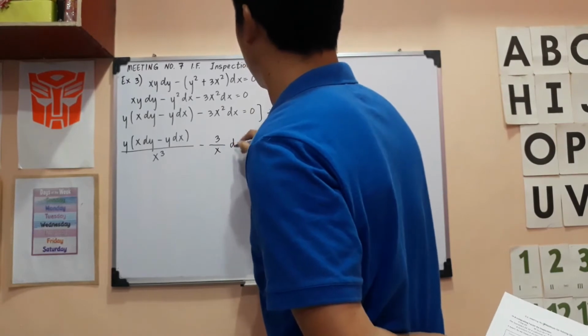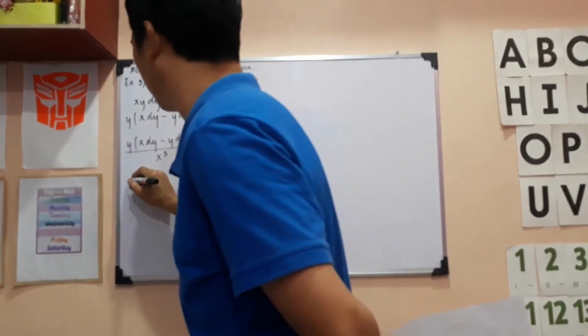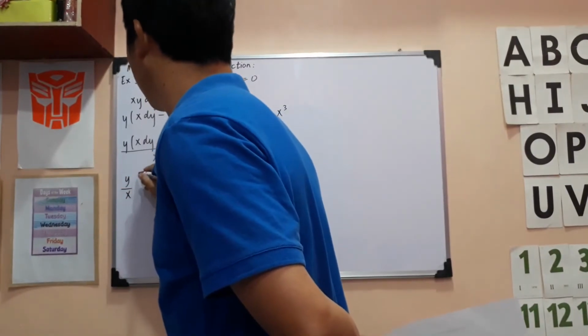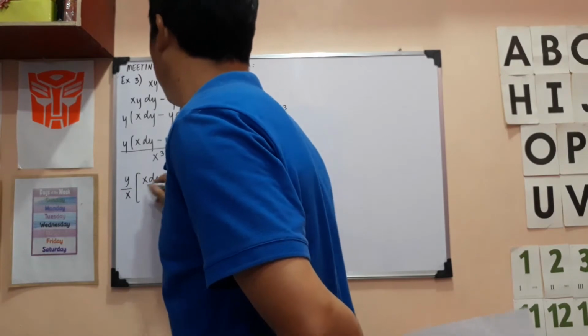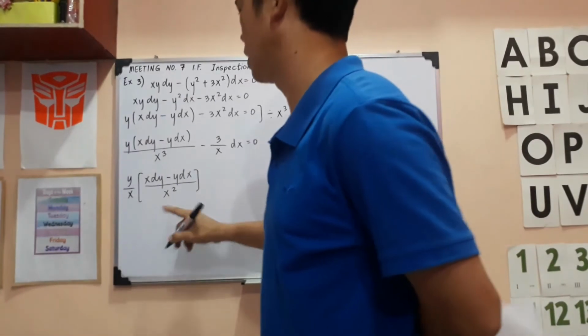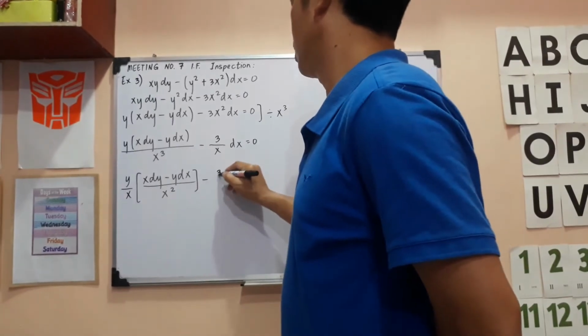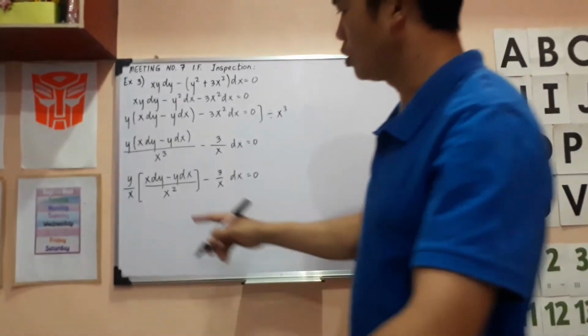So, itong second term, walang problema yan. Ito, parang magulo, di ba? Pero, tingnan nyo gagawin ko. y over x and then x dy minus y dx all over x squared. Oh, walang nabago dyan. x cubed pa rin yan, di ba? Minus 3 all over x dx is equal to 0. So, ito, sakto na ngayon yan.